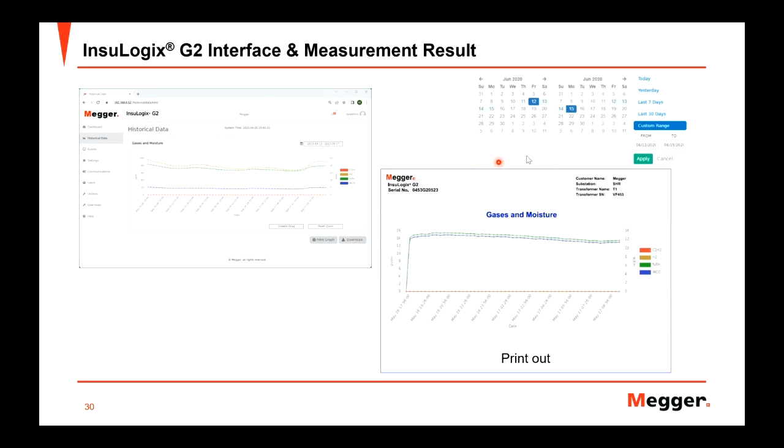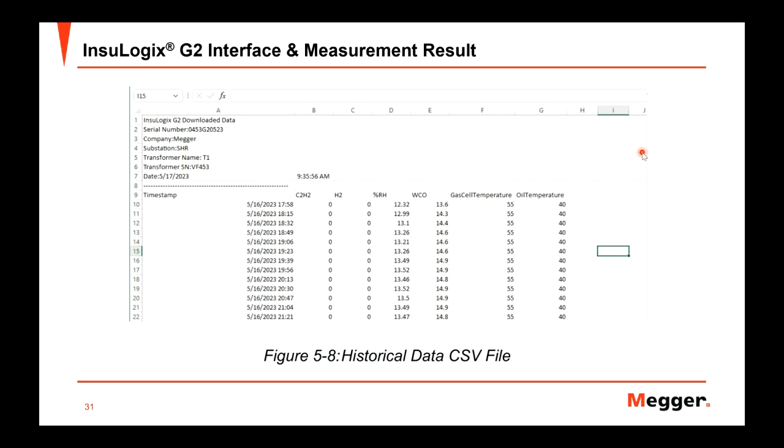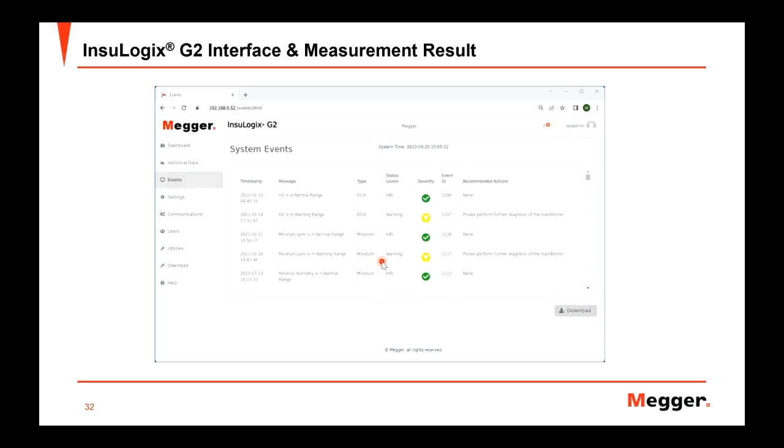You can select any range, such as weekly, today, yesterday, or a month, or you can customize the date you want to look into the measurement parameter. You can take some measurement values out to make a report of your own to send to your boss, or you can download it easily through this. Okay, the report.